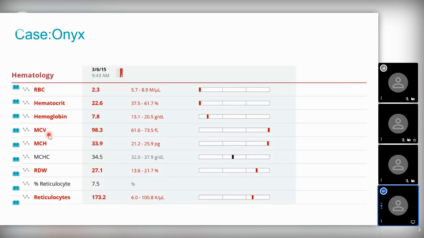Along with this, we can see an increased MCV and MCH. That means the RBCs are larger in size than the normal ones. Along with this, the MCH is also higher, and RDW is also increased.